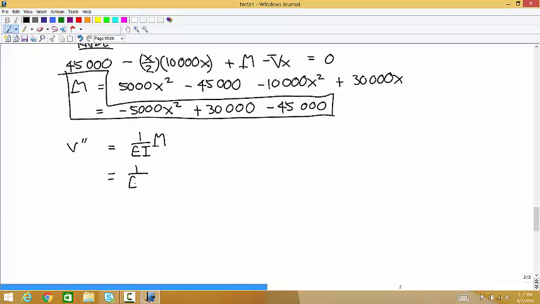So that's 1 over EI, we can fill those in at the end, times this function negative 5,000 x squared, I left off this x, so negative 5,000 x squared plus 30,000x minus 45,000.